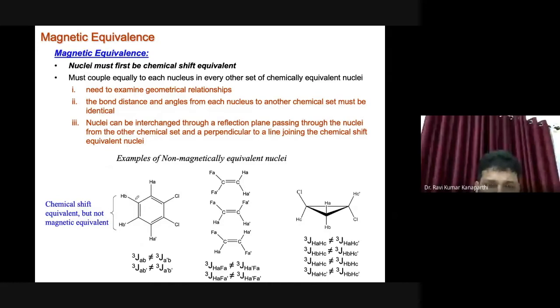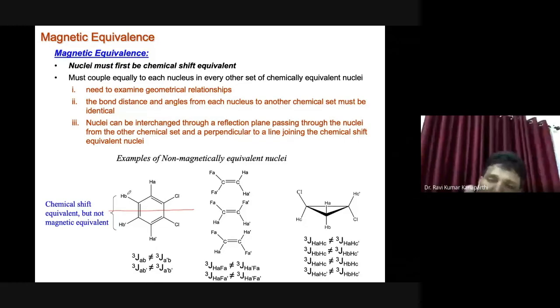Let me take this example. These two protons, you can see there is a clear-cut plane. These two protons resonate at one same place, HB and HB. For the sake of purpose, I have given different notation, but both are protons, and both will resonate at one place.